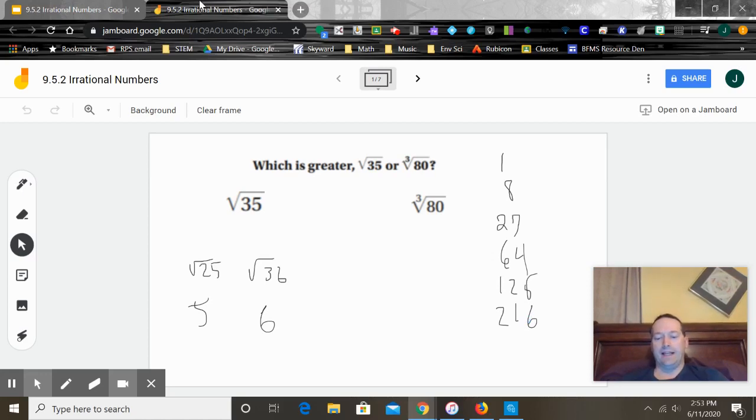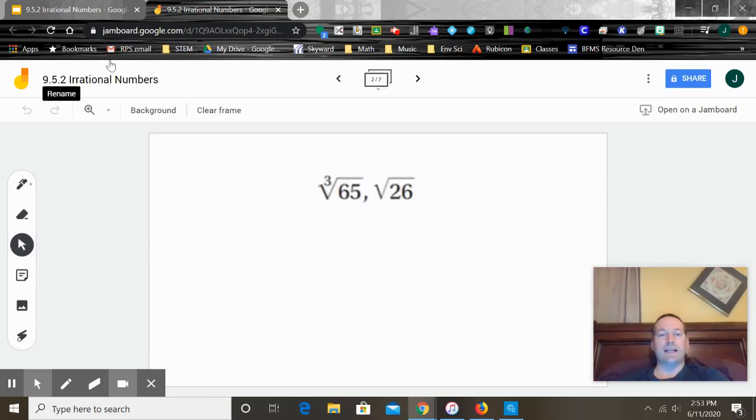So the cube root of 80 falls in between the cube root of 64, which is 4, and the cube root of 125, which is 5. Radical 35 is between 5 and 6. The cube root of 80 is between 4 and 5, so radical 35 has to be greater than the cube root of 80.